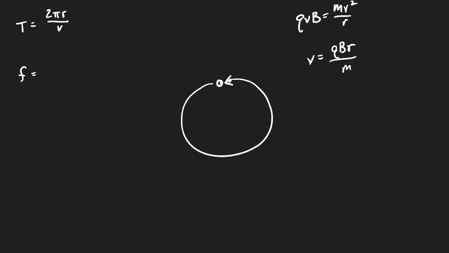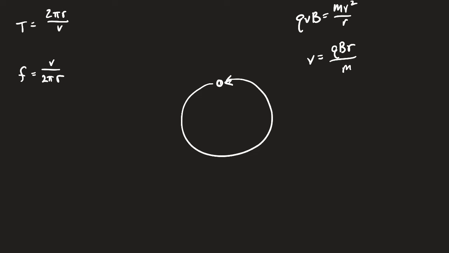So it represents the oscillations per second. So it's not how long it takes to go in a circle, it's how many circles are made in a second. Does that make sense to see the difference? They're inverses of each other, so it's just v divided by 2 pi r. So they represent the same thing. We tend to use period for things that oscillate slowly, and we use frequency for things that oscillate quickly.